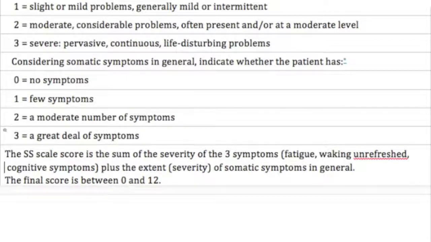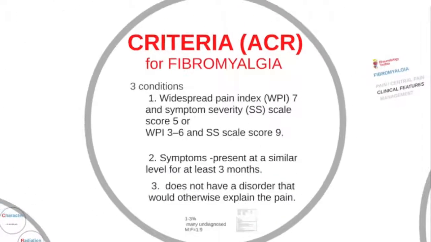These two scales are added to give the symptom severity score, and then those two scores are put together to give some numeric value with regard to the fibromyalgia and with regard to the patient's fulfillment of criteria.